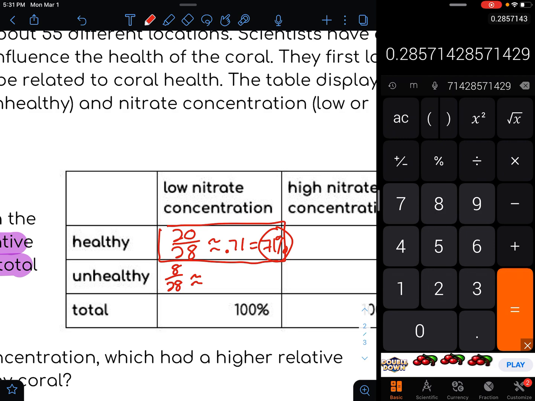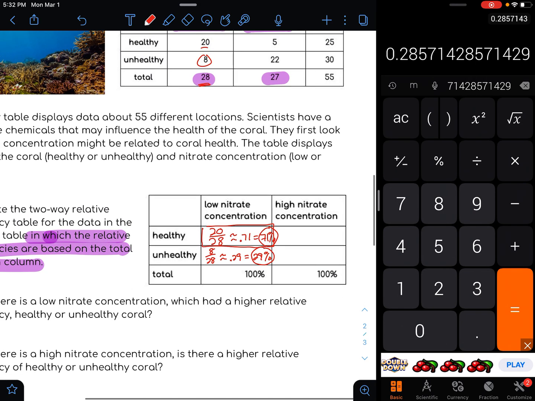If we're rounding that to the nearest hundredths place, that would actually be 0.29 because that 5 makes the 8 round up to a 9. So approximately 0.29 or 29 hundredths. And if we multiply that by 100 and move the decimal point over 2 spots to the right, that would be 29%, which makes sense because 71% plus 29% does add up to that total of 100%. So where there was low nitrate concentration, 71% of them were healthy and 29% were unhealthy.